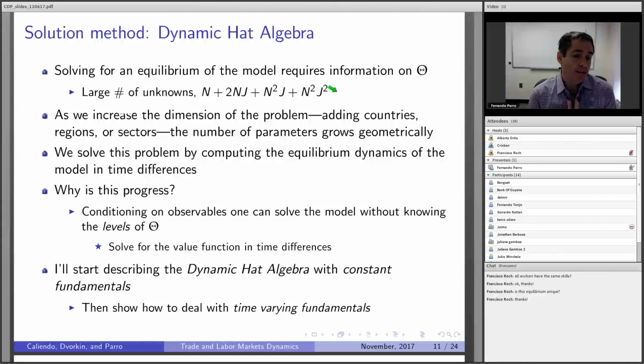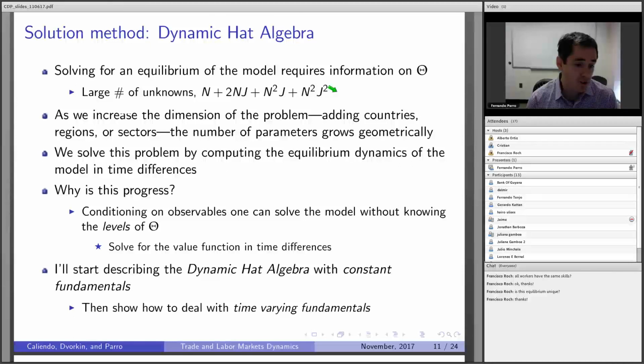So how are we going to deal with this issue? In one sentence, instead of solving the model in levels, we are going to solve the model in relative time differences. And why is this going to be progress?